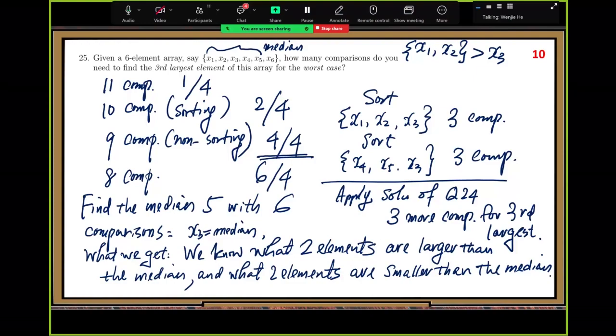I didn't say which one is the largest, which one is the second largest. I found one element in the top 2 that I eliminated from consideration. After the elimination, we don't know if it is the largest or second largest. So that's unknown. If you really want to know which one is larger, you need one more comparison.